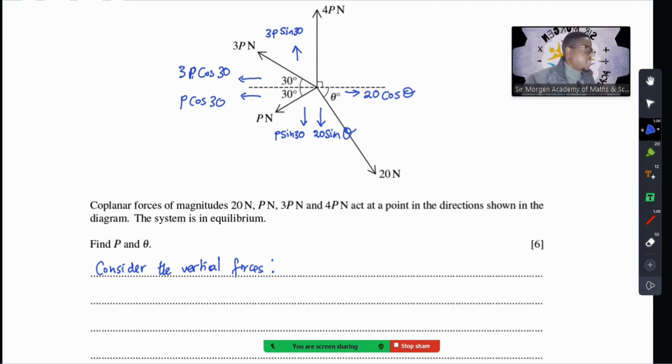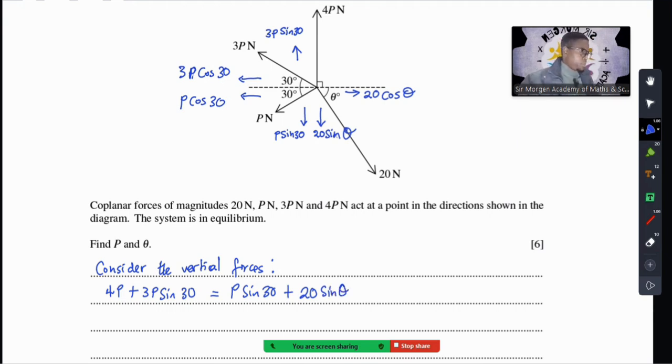All right, so for the vertical forces, I'm sure you can see we have 4p plus 3p sine 30. They are going upwards, right? So it's 4p plus 3p sine 30, right? This must be equal to p sine 30 plus 20 sine theta.